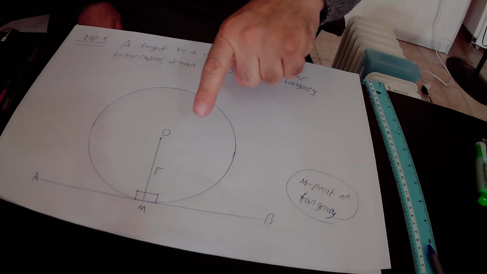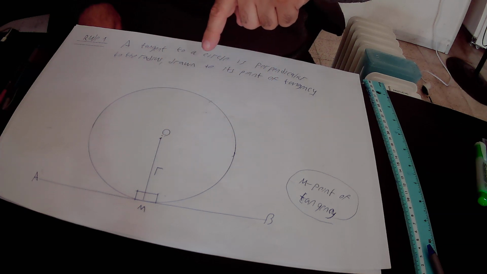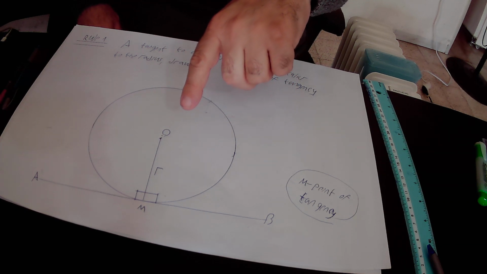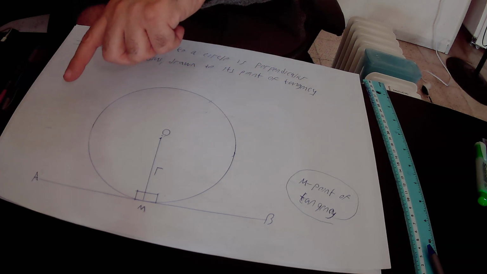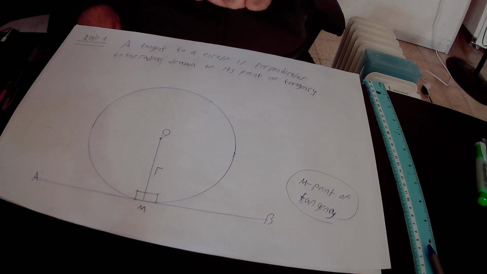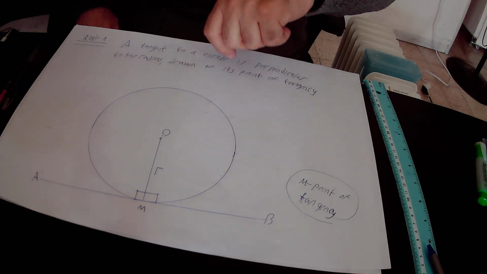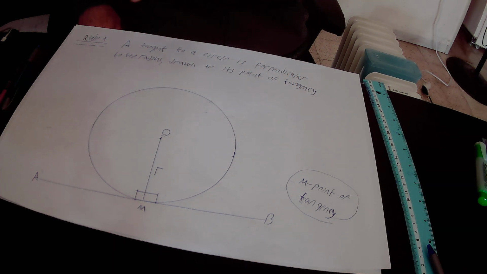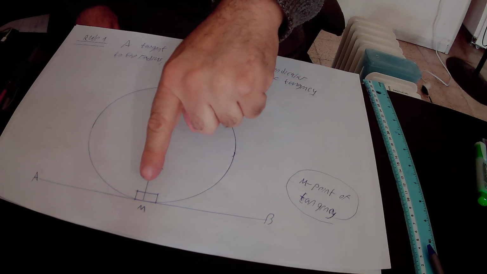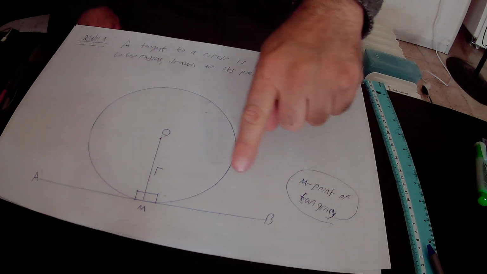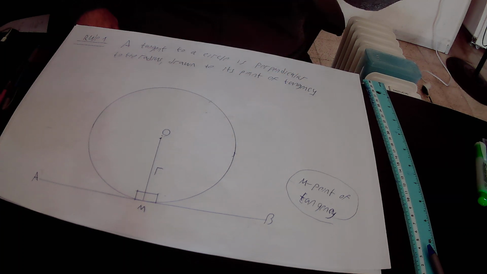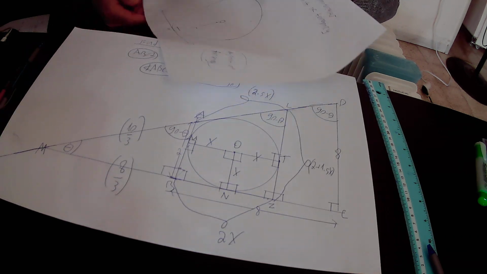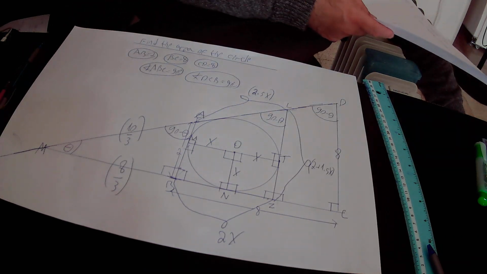Tangent AB is tangent to this circle at point M. The radius OM is drawn to the point of tangency, point M. So AB is perpendicular to MO, which means this angle equals 90 degrees, and this angle equals 90 degrees according to rule number 1.